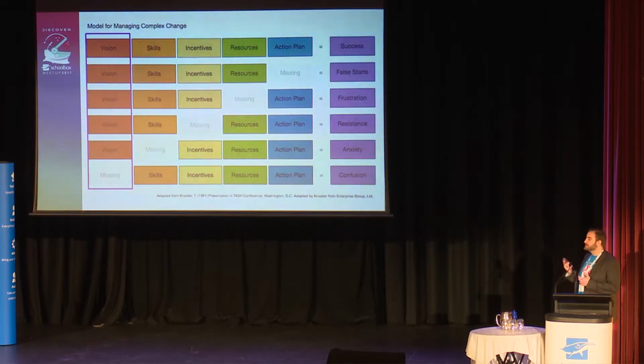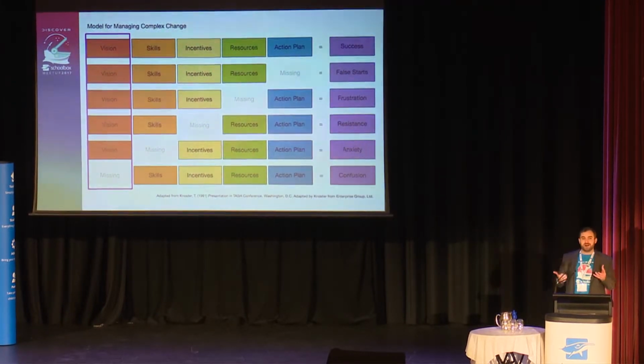So what you'll notice with this is, to manage the change, we look for 5 attributes. We look for vision, skills, incentives, resources, and an action plan. If we have all 5 of them, we get success.